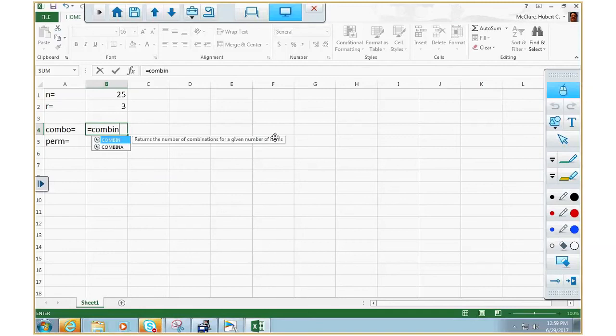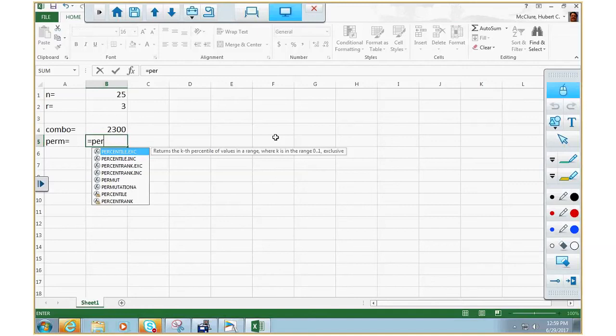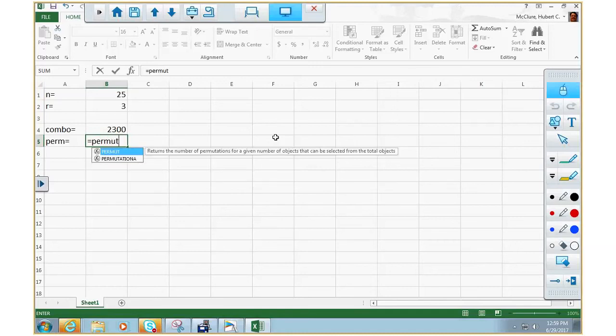COMBIN, parentheses, 25, comma, 3. Permutation is PERMUT, I think. Just type in the first few letters. There it is, PERMUT. P-E-R-M-U-T, parentheses, 25, comma, 3.